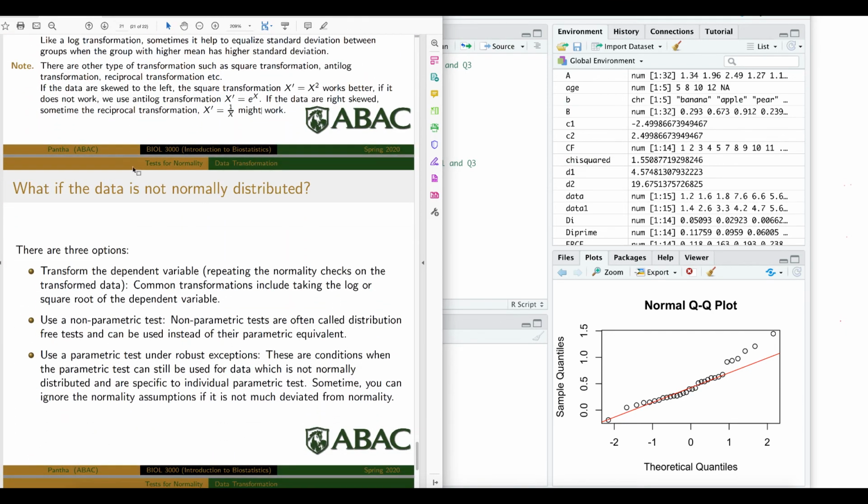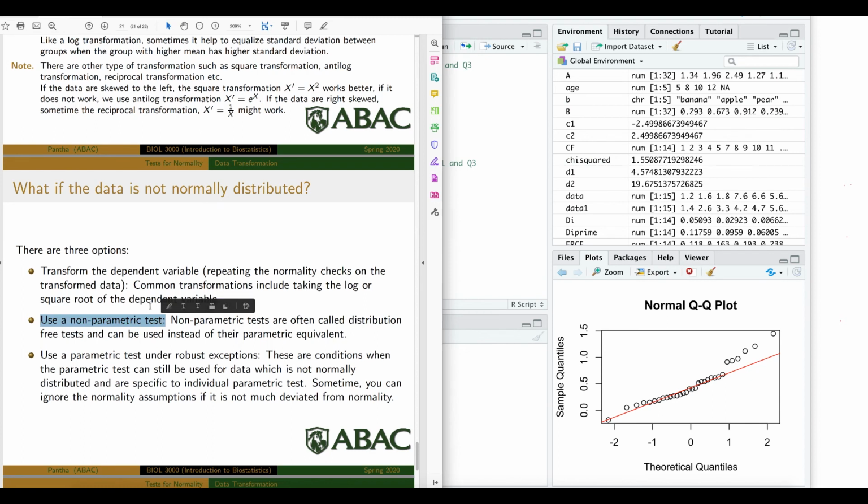Now what if the data is not normally distributed? Suppose that you tried all those transformations, but it still shows the data is not normal. First, transform the dependent variable, repeating the normality checks on the transformed data. Common transformations include taking the log or square root. If it still violates, then use a non-parametric test, which is the next chapter.